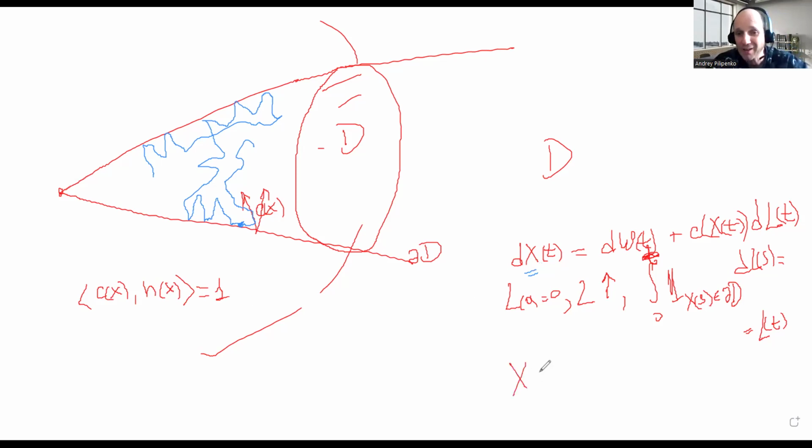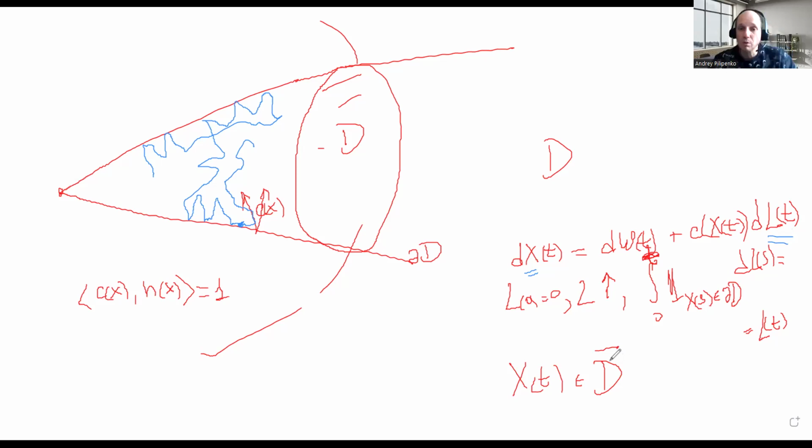And X_t must be inside the closure of this cone, so it cannot exit outside. This is an additional condition, exactly. And this non-decreasing process L. Sorry, but is D the whole cone or the cone up to the intersection with the sphere?